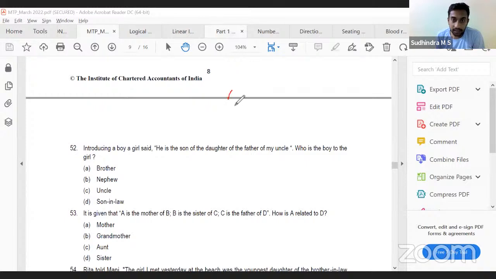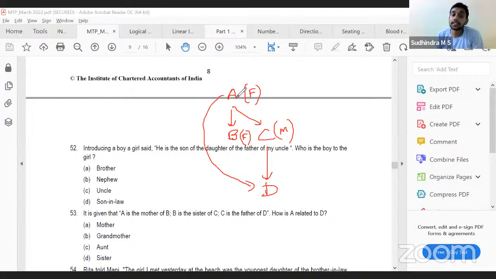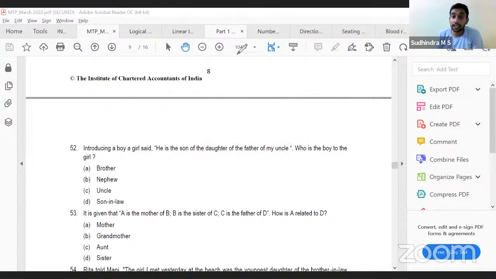A is the mother of B, so A is female. B is the sister of C, so B is also female. C is the father of D, so C is male. Since A is female, grandmother. In this option we only have grandmother, so it's not confusing, but in case we have grandmother and grandfather, we have to be a little careful.